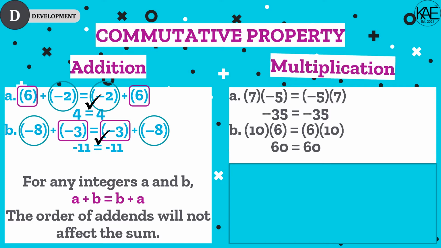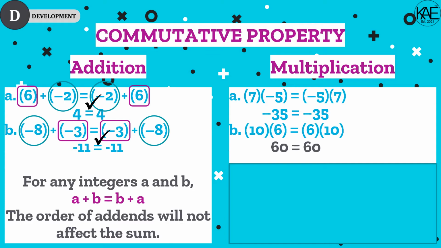Also, for multiplication, say for example, we have 7 times negative 5 is equal to negative 5 times 7. Negative 35 is equal to negative 35. Letter B example, 10 times 6 is equal to 6 times 10. 60 is equal to 60.